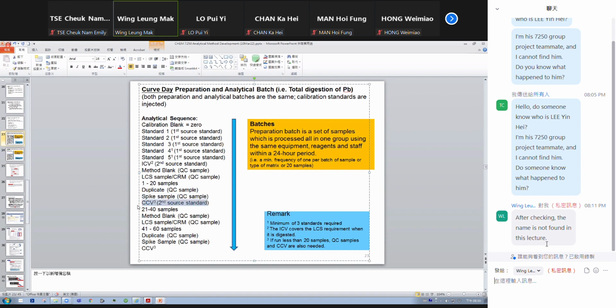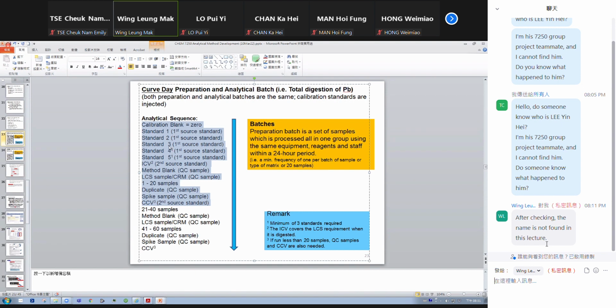After that, you have the CCV samples. CCV samples, like ICV samples, should be prepared from the second source standard, okay? Those form a complete batch analysis. If the QC samples pass, negative, positive, the duplicate has good precision, for example 10% precision, and the spike has reasonable recovery, then the QC passes.